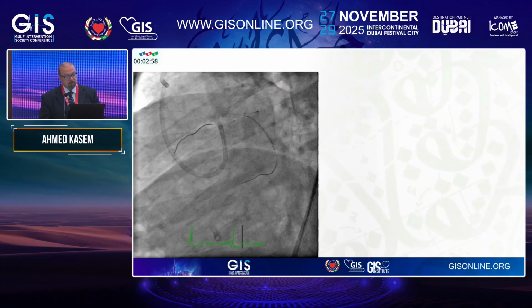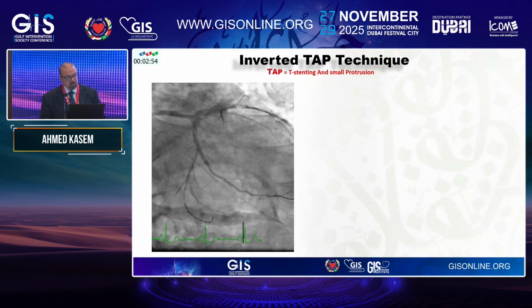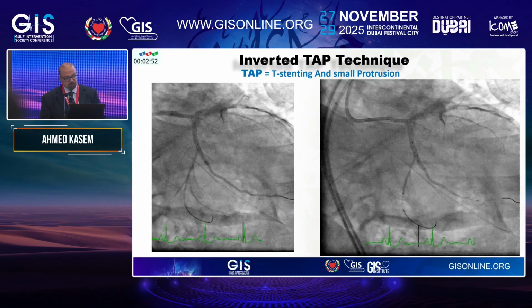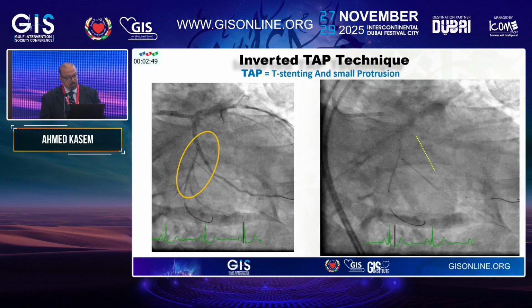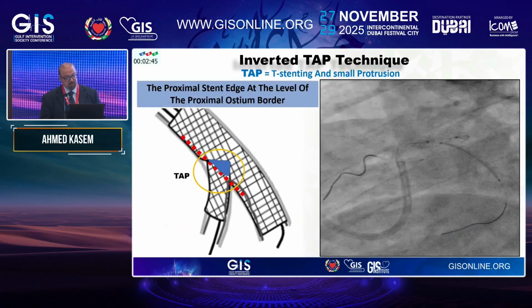And I decided to use what I call the inverted T-and-protrusion technique with balloon protection in the main vessel and then optimization of the position of the stent in the mid circumflex.